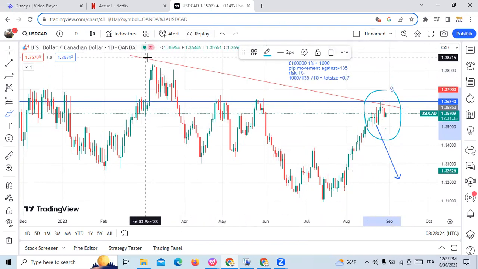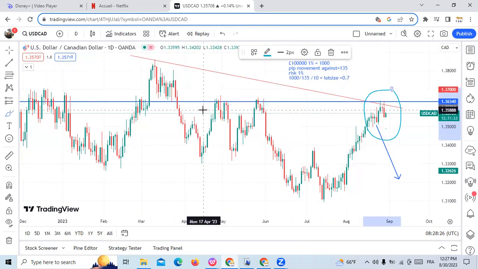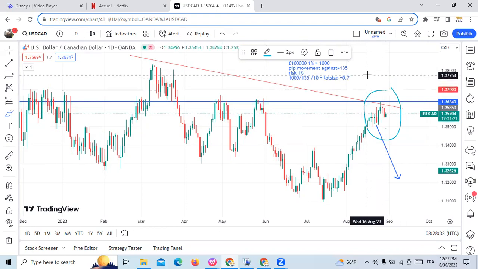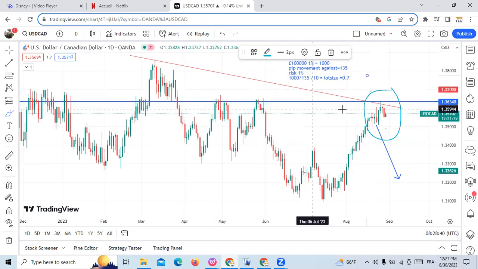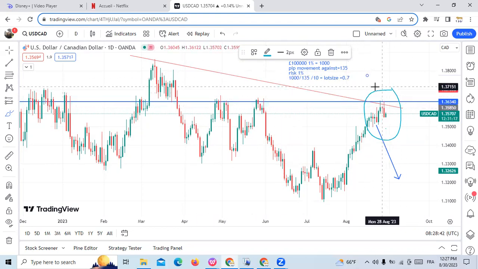The resistance line of the downtrend and the horizontal resistance line meet here at this zone. So it's a very, very important zone. You get what I'm trying to say? Because there are two resistance lines meeting at this point, it makes this a very important zone, which means the price is set.